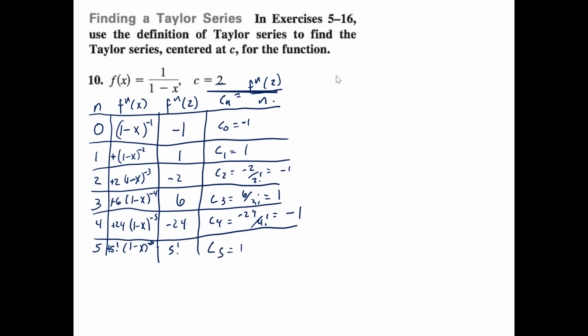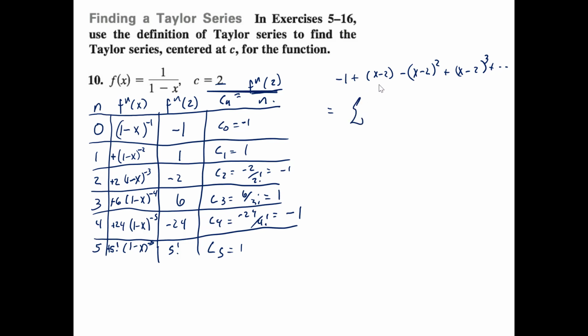And so then your Taylor series, you can see, is just going to be negative 1 plus x minus 2 minus x minus 2 squared plus x minus 2 cubed, and so on. We could write this in series notation.